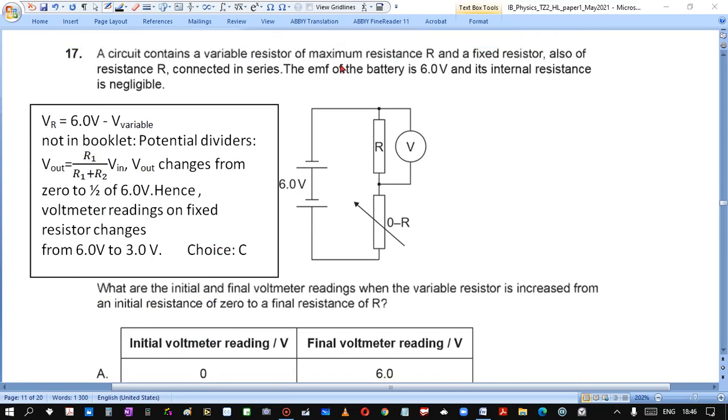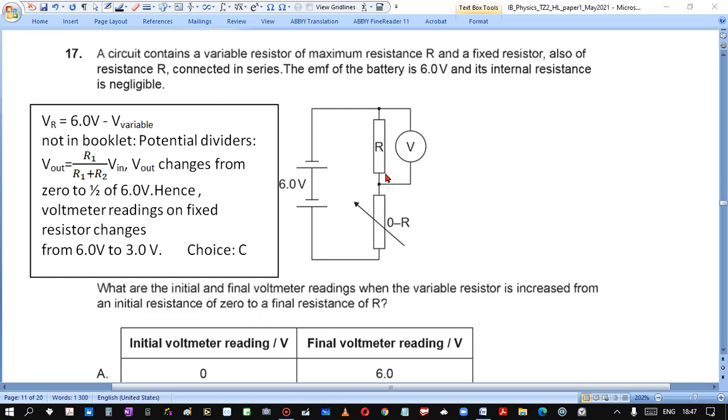A circuit containing a variable resistor of maximum resistance R and fixed resistor also of resistance R connected in series. The EMF is 6 volt and its internal resistance is negligible. What are initial and final voltmeter readings when the variable resistor is increased from an initial resistance of 0 to final resistance? So we have potential divider. Output, for example, if we take as output variable resistor, output is first 0 and then it is 3 volt, but we take reading from fixed resistor.